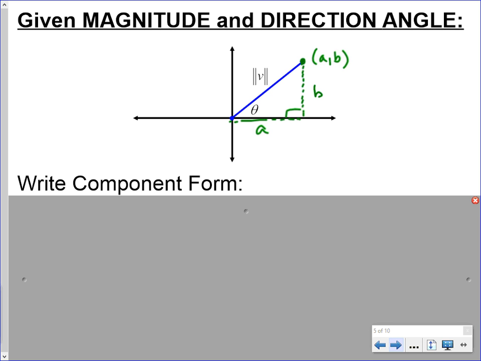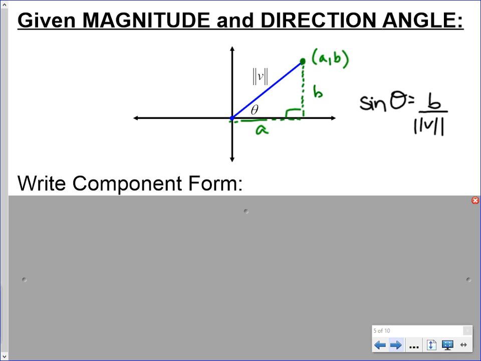So what kind of trig stuff can you write here? Someone besides Mason, tell me something triggy I could write. Sine of theta is equal to b over the magnitude.